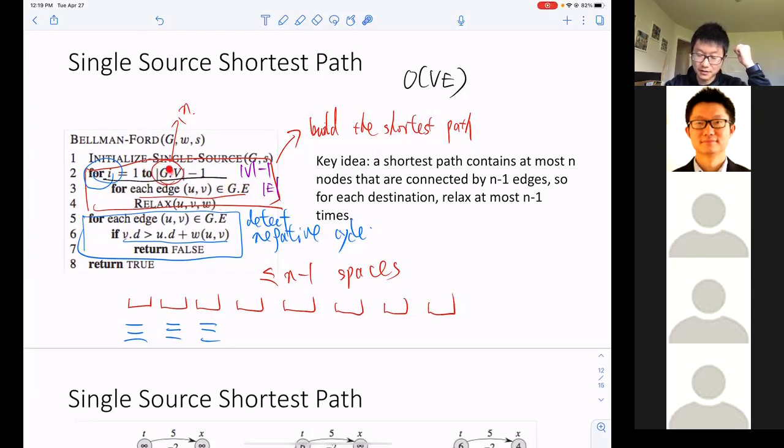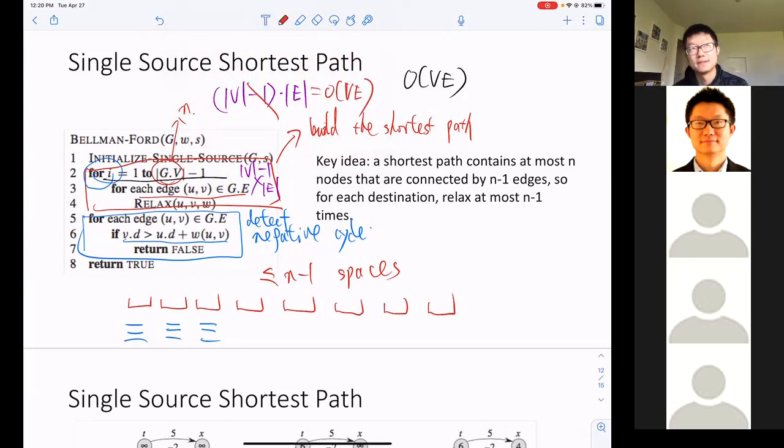In the upper line, for each node in the graph, we need to have an iteration. Because these are nested loops, we need to multiply them. So that's why we got the time complexity as V minus 1 times E. And here we can just ignore the constant 1. So we end up with O(VE) complexity, the number of nodes times the number of edges in the graph.